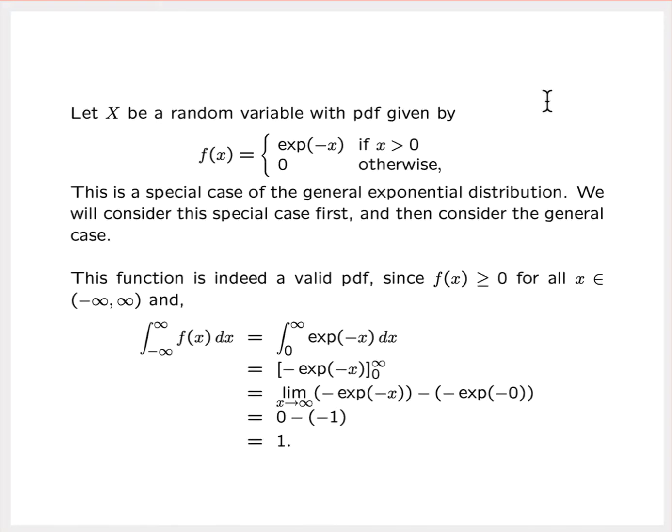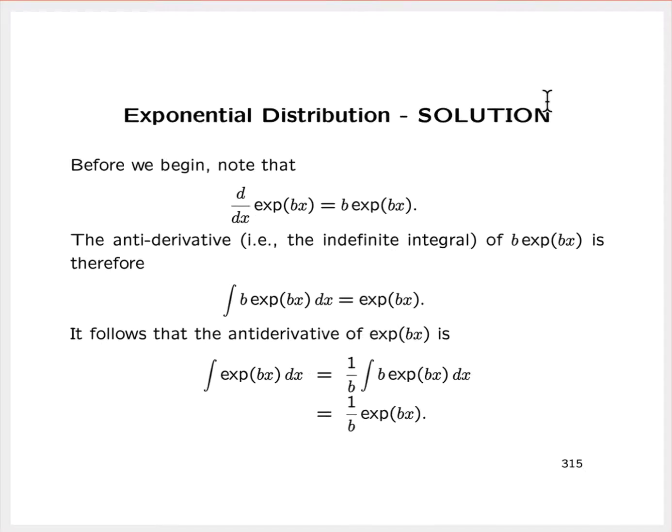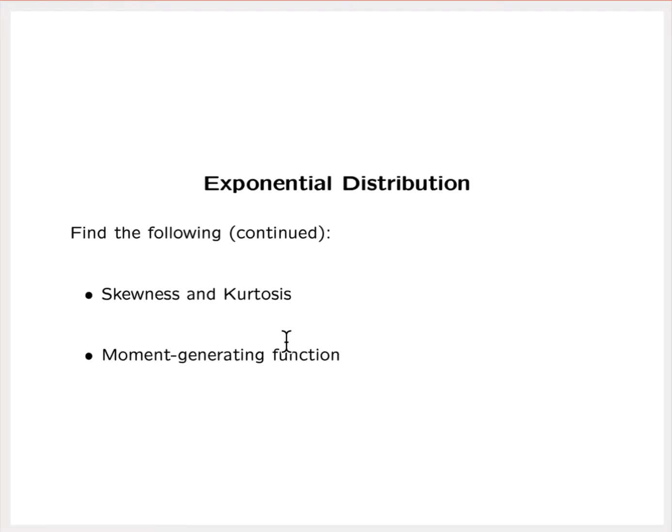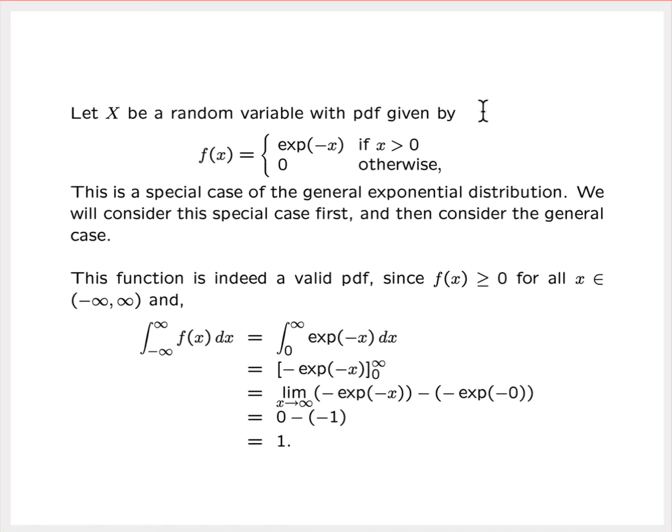Now, we're going to start off looking at a special case of this. In particular, we're going to look at the special case where lambda is equal to 1. So it is really not even there. But it is there, but it's equal to 1.